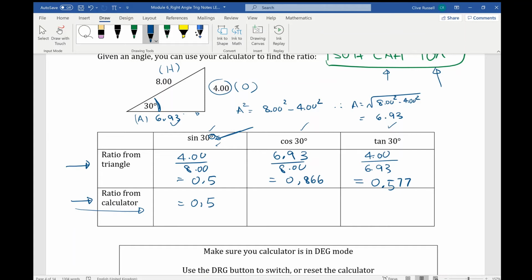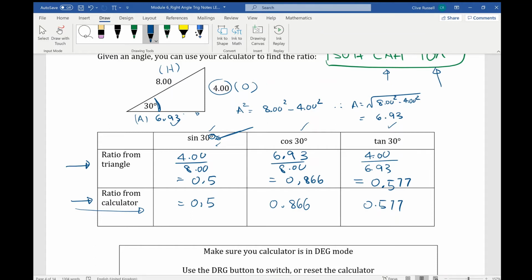So you have to put 30 degrees or just 30, then you press sine and you'll get your 0.5. But I wouldn't recommend that calculator. I'd recommend the one where you put the sine first, then the 30. Now for the second one, cosine of 30, and you should get the same thing, 0.866. And then if you put tan of 30 in your calculator, you should also get 0.577.